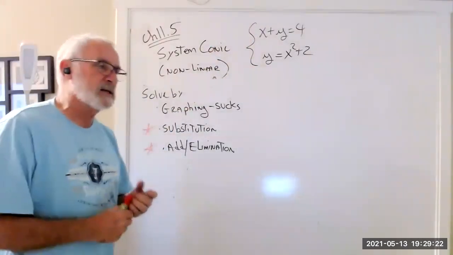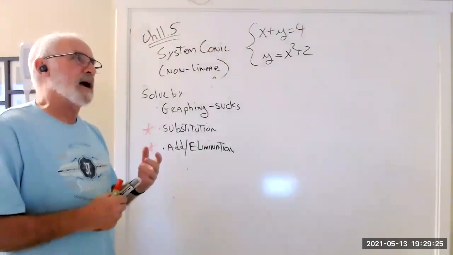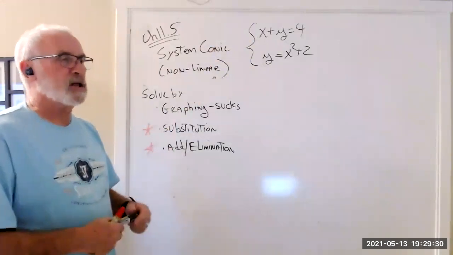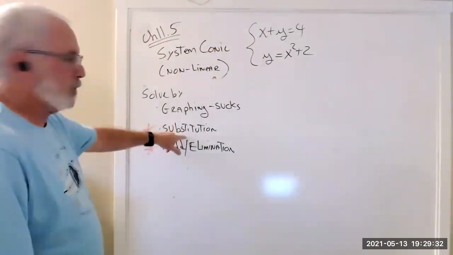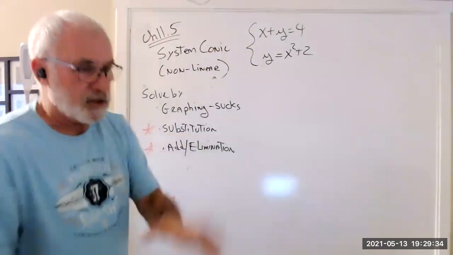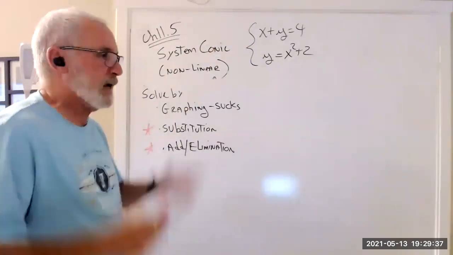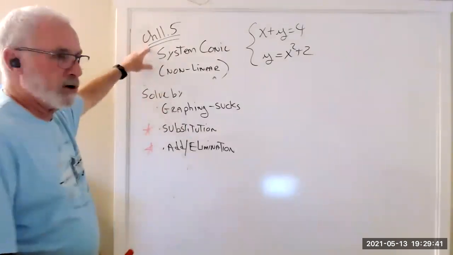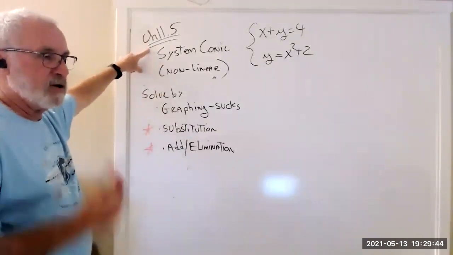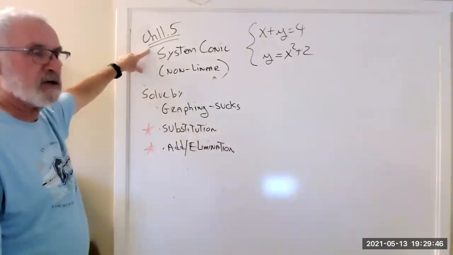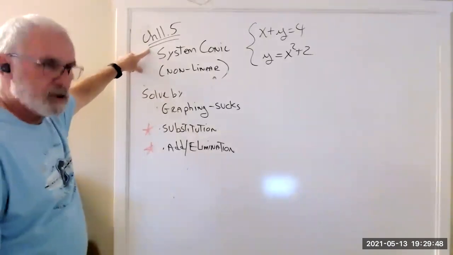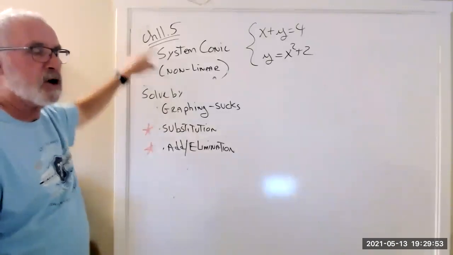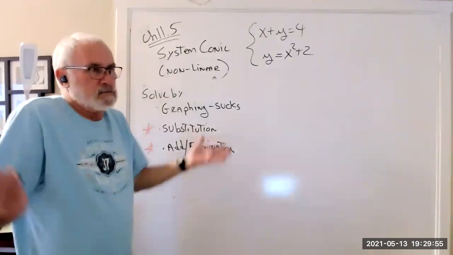I can't give you a guaranteed thing that will say, when they look like this, always use substitution, or when they look this way, always use addition, elimination. It doesn't work that way. You need to practice the homework. And just the rule of thumb is, if you make the problem uglier, you're on the wrong track. If you make the problem appear simpler, you're probably on the right track. That's all we can do.